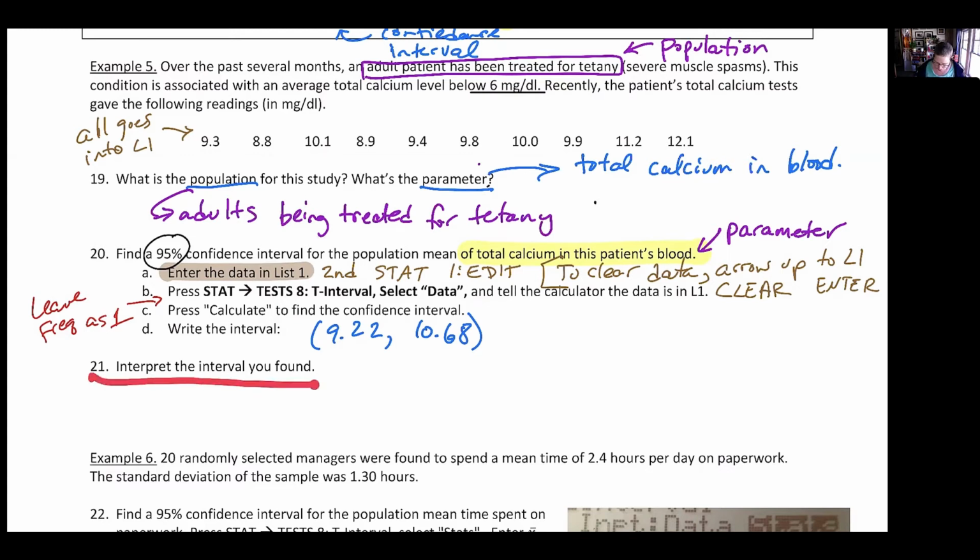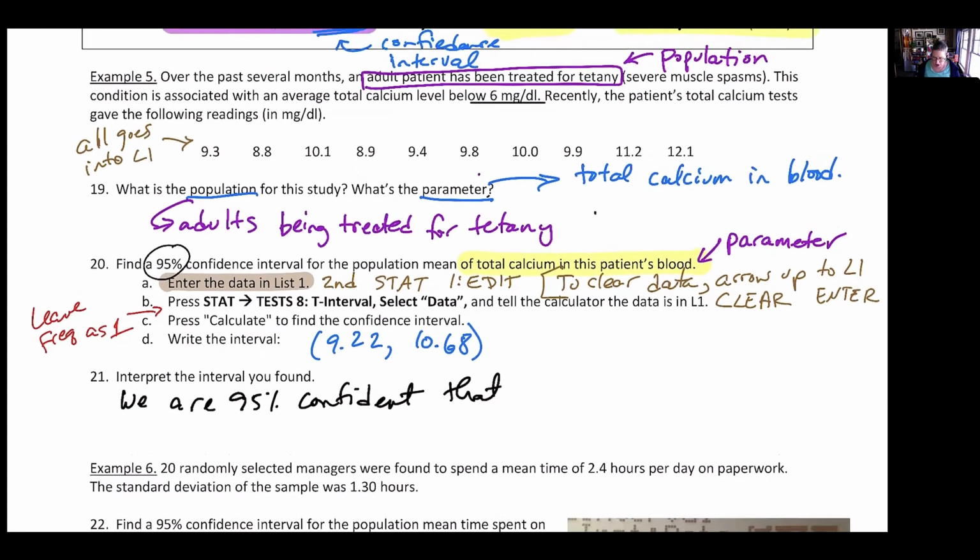Okay, so we're going to interpret the interval. What we found here tells us the average levels of calcium in the population. Remember, we're extrapolating. We would say we are 95% confident that, now for the mean, the phrasing is going to change a little bit.